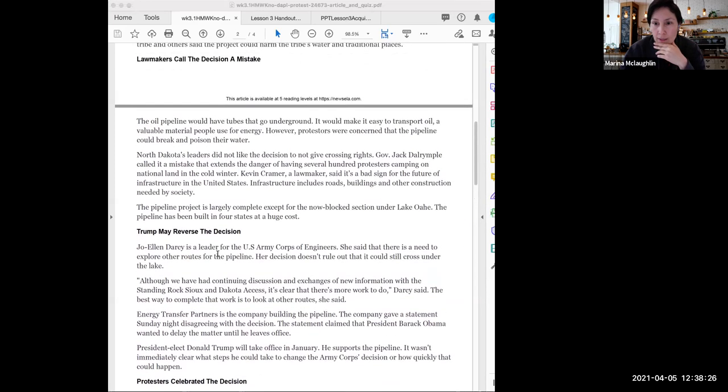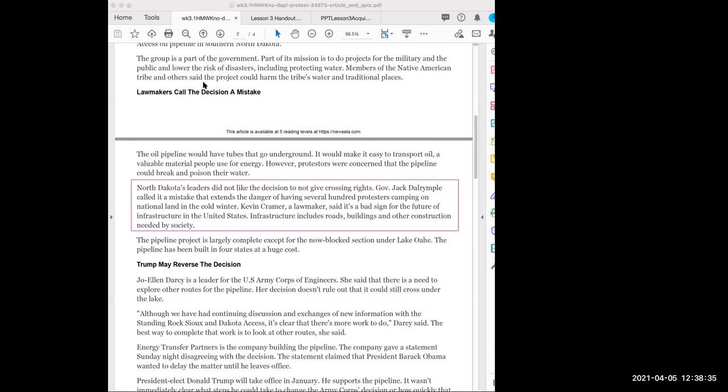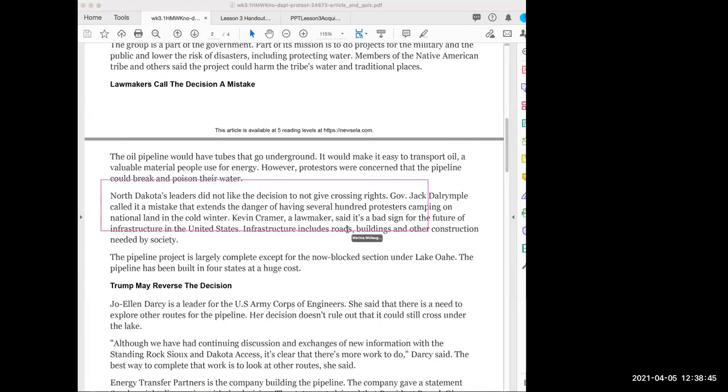Oh, here it is. Okay, so I'm going to have one of you read it. Daniel, would you mind reading the paragraph? If you're available. Okay, maybe he is not available, so let me ask another student. How about Bay? Would you mind reading the paragraph?